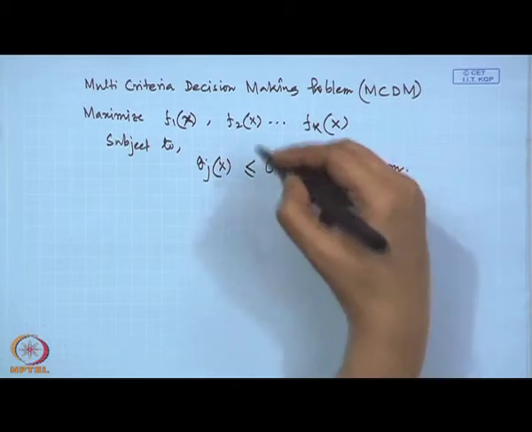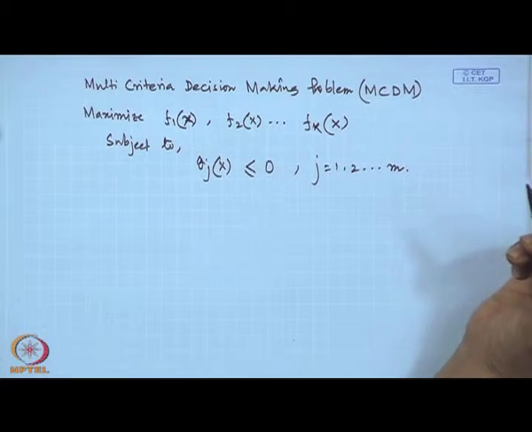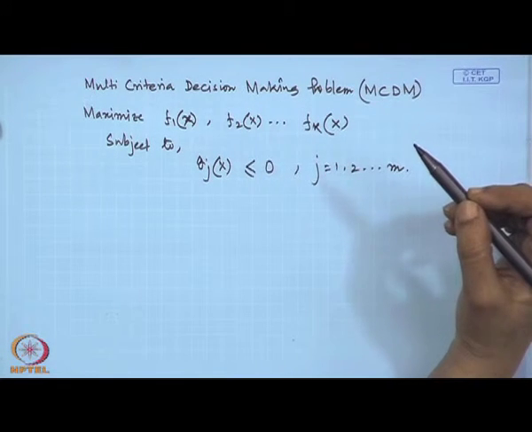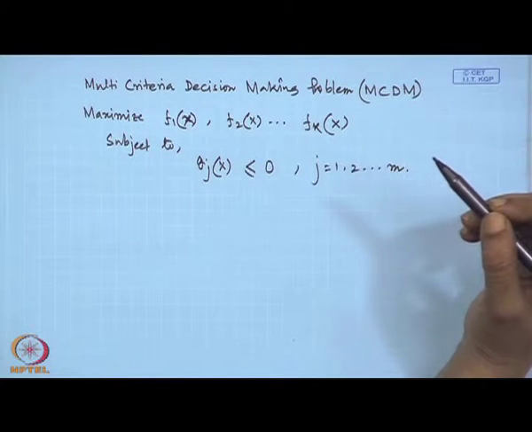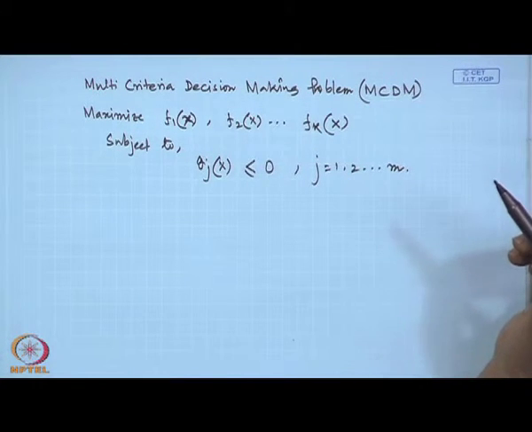Now, the functions f1, f2, up to fk and the gj's could be linear or nonlinear in nature.